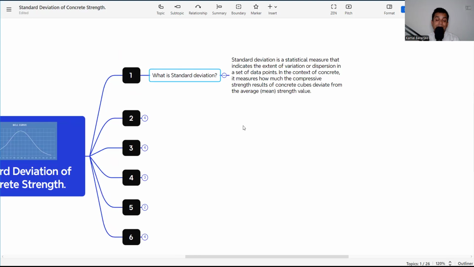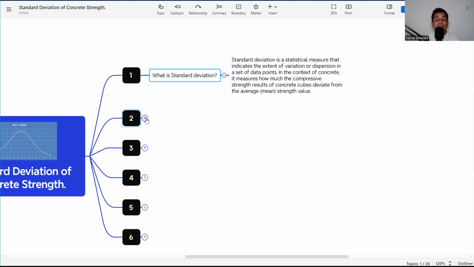So it is the measurement that tells us how many cubes are below or above the standard deviation. That is why it is important for quality control. How to make it, I will come to later, but it is a statistical measure to identify the quality control or the strength of the cubes.